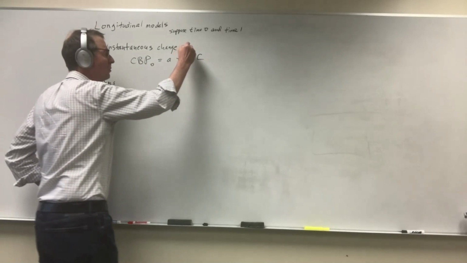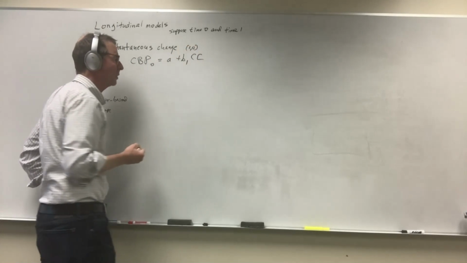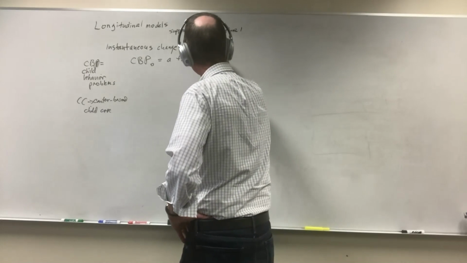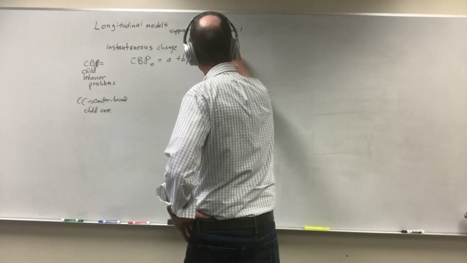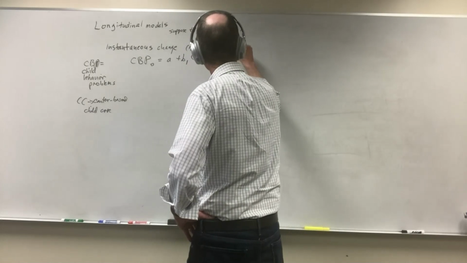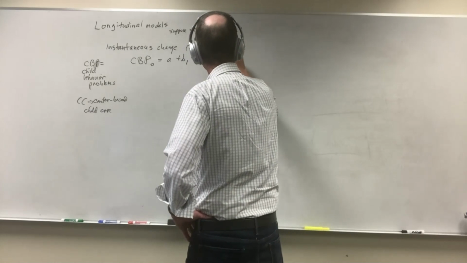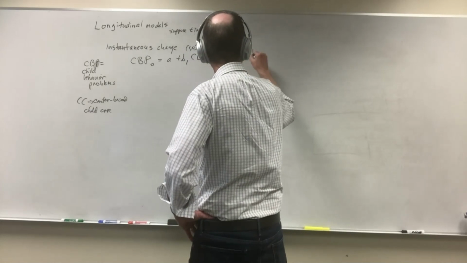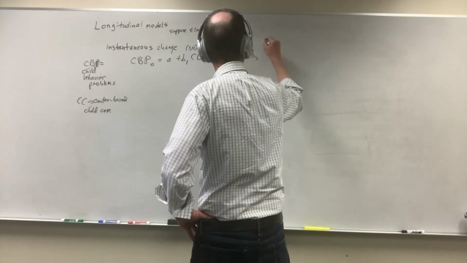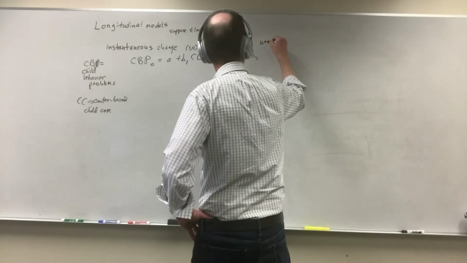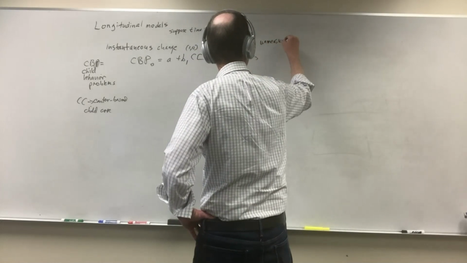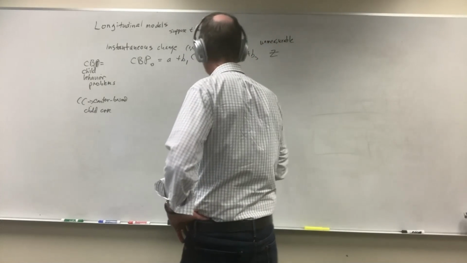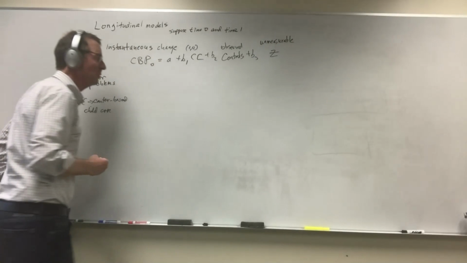This is a 1-0 variable in this case, whether in center-based childcare. And then control variables, let's call them observed control variables. And now we're going to add in unmeasurable or unobserved control variables, we'll just call those Z.